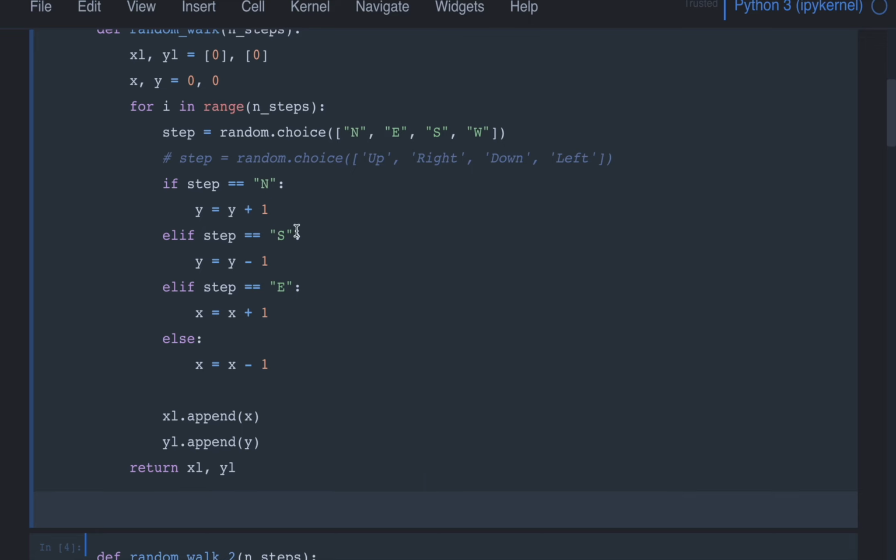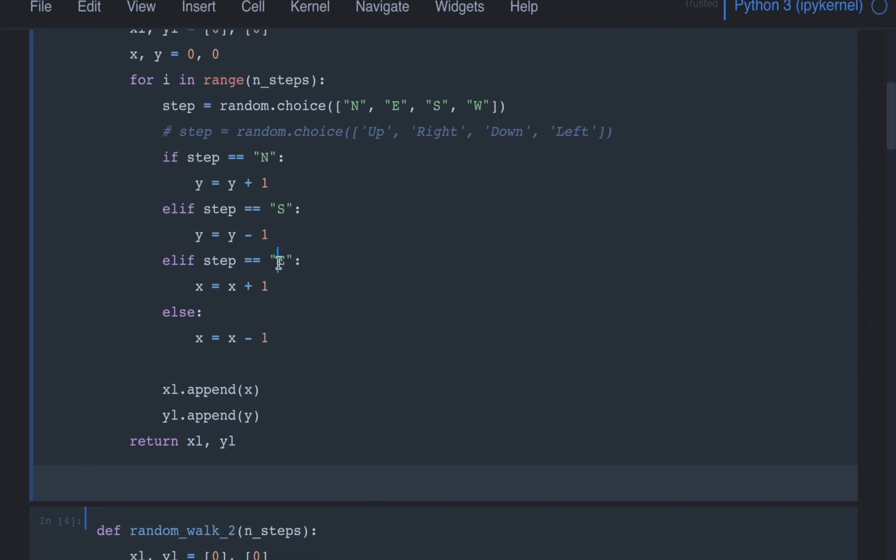And in the opposite direction, if the chosen step is south, which is down, we are reducing the y coordinate by 1. So delta or the step length is 1 here, right? And similarly, if it's east, which is right, so the person has moved to the right, so the x coordinate increased by 1. And the fourth option, if it's to the left, x coordinate reduces by 1.